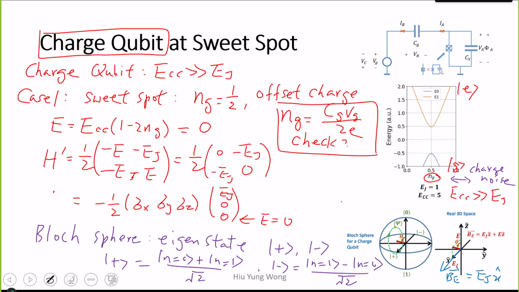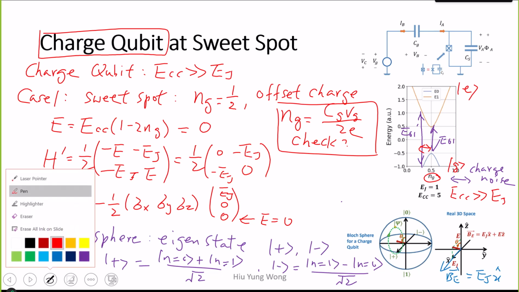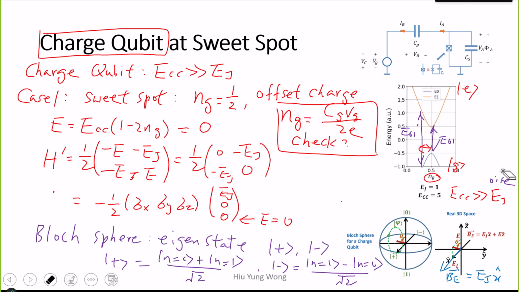Your qubit frequency will change: originally this is your E01, your qubit frequency, but with charge noise, your E01 dash will be very different, from here to here. Let me maybe remove this and just say that the change is the charge noise.